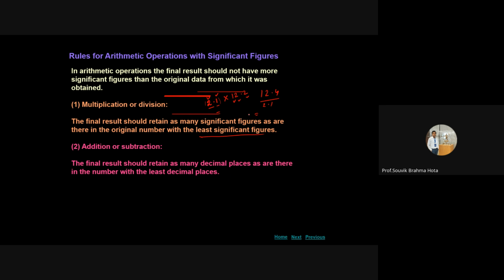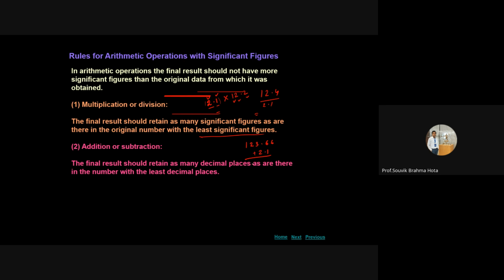For addition and subtraction, the decimal places have importance. The final result should retain as many decimal places as there are in the number with the least decimal places. Suppose you are adding 123.6 with 2.1, or 123.66 with 2.1.